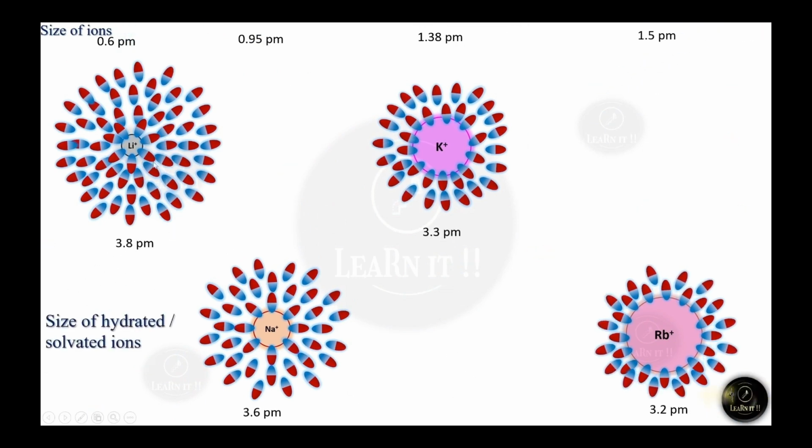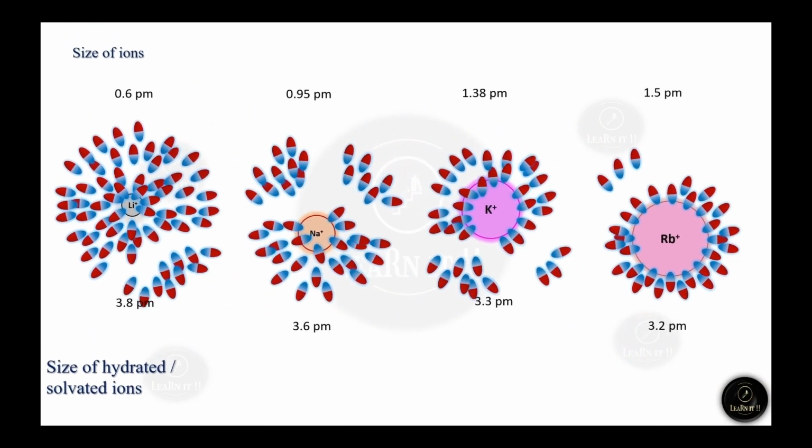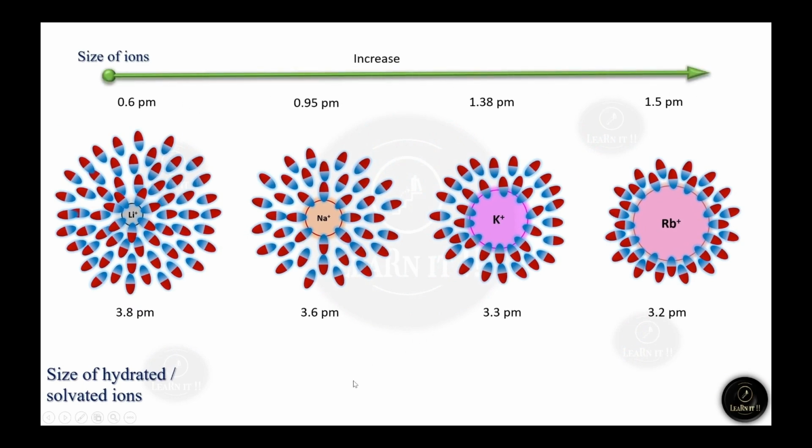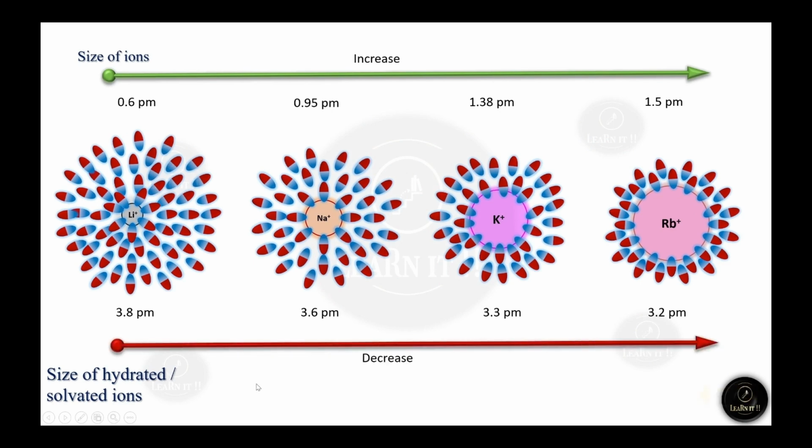Hydrated lithium ions have a radius of 3.8 picometers, sodium 3.6 picometers, potassium 3.3 picometers and rubidium 3.2 picometers. So that's why the size of the ions is increasing, but the size of the hydrated ions is decreasing.